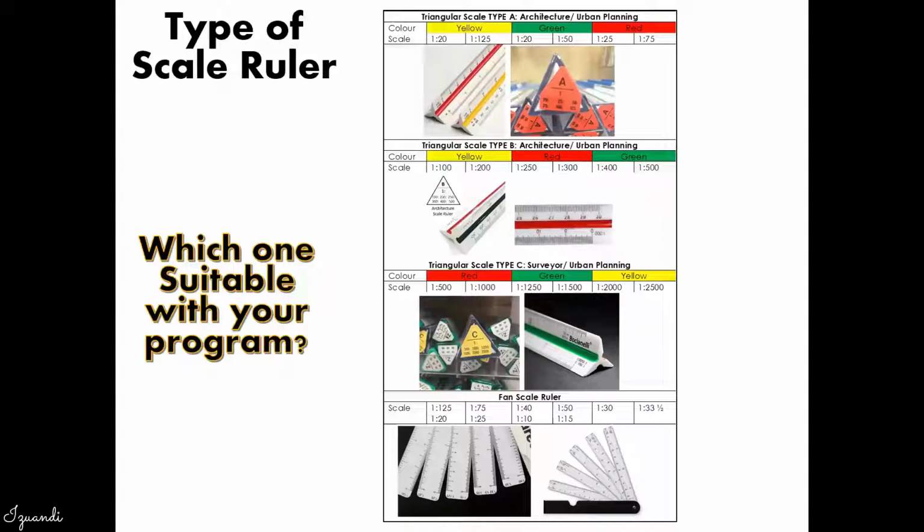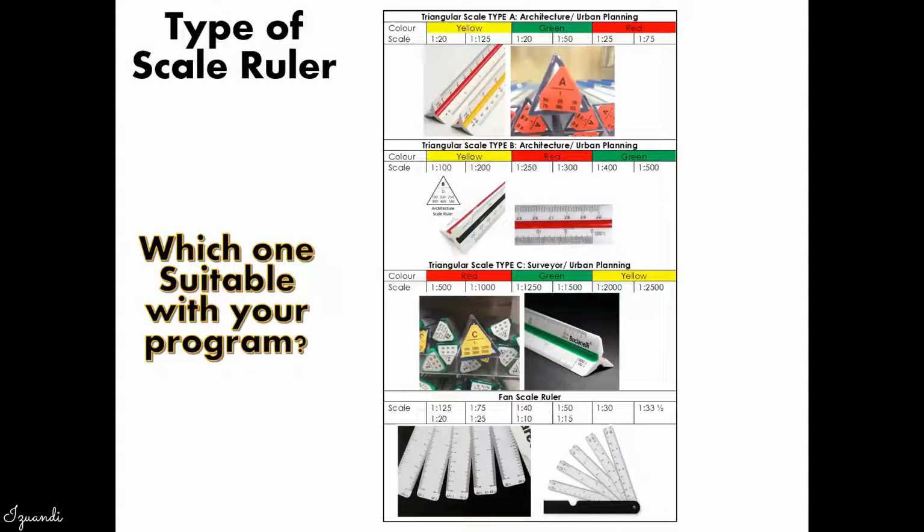Okay, we move on first to the triangular scale type A, which is normally used by architecture and seldom used by urban planning. It's normally used for people who focus on the small scale of buildings, the small scale of rooms, especially in architecture.